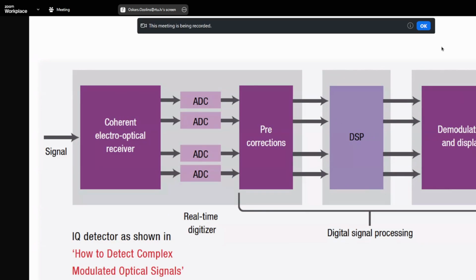Recording in progress. Okay, so I think this is the slide where we finalized our lecture last time. We have been talking so far about the receivers, how they look and what components are there.